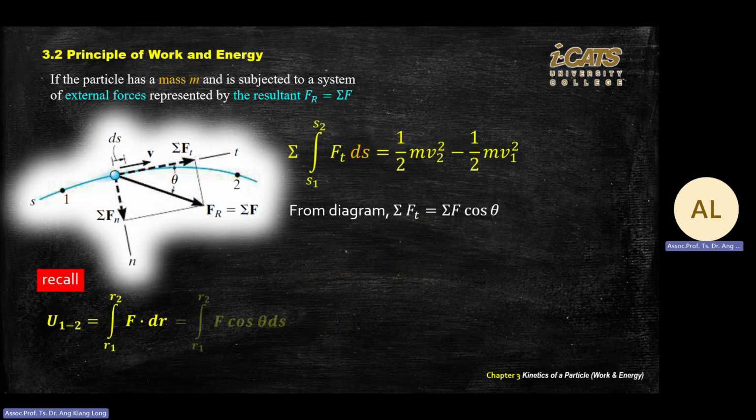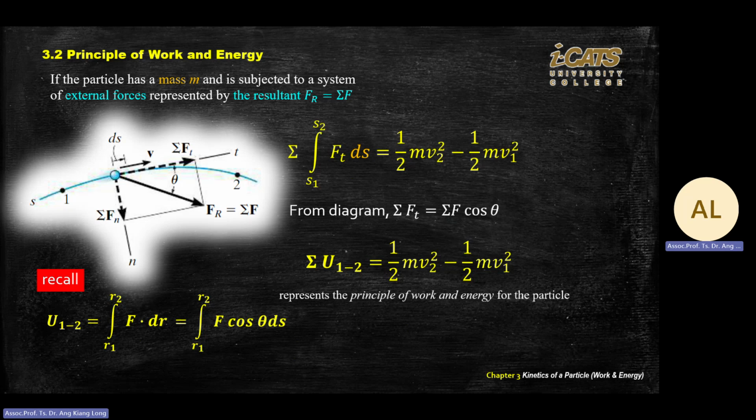Okay, so this part you can just ignore. But what I want to show you is this equation. F ds is work, so you write work from position 1 to 2. This you need to memorize. If a chapter 3 question comes out, automatically you need to write this on your answer sheet: the sum of the work from 1 to 2 equals half mv2 squared minus half mv1 squared.